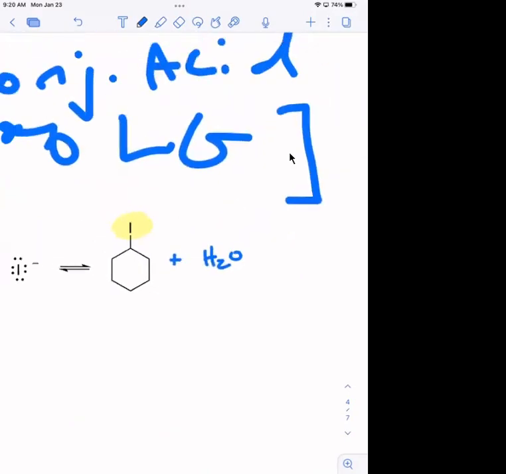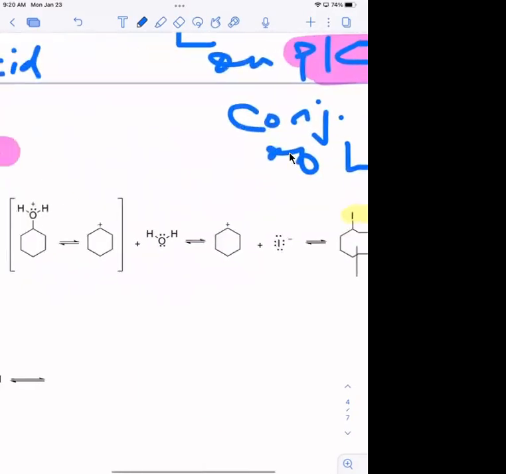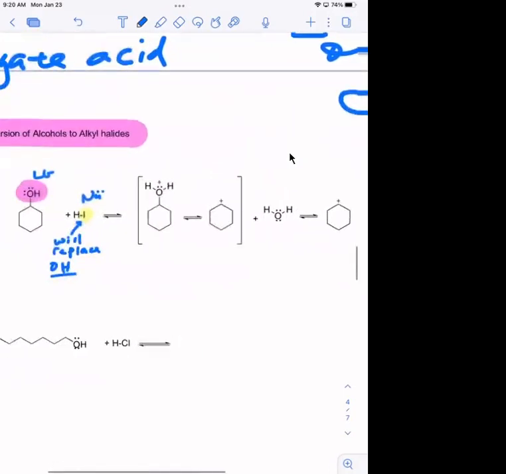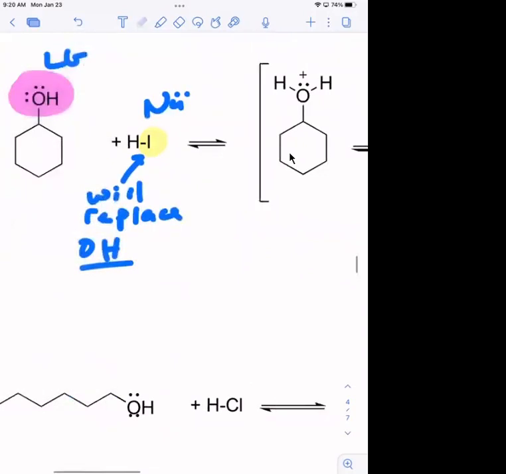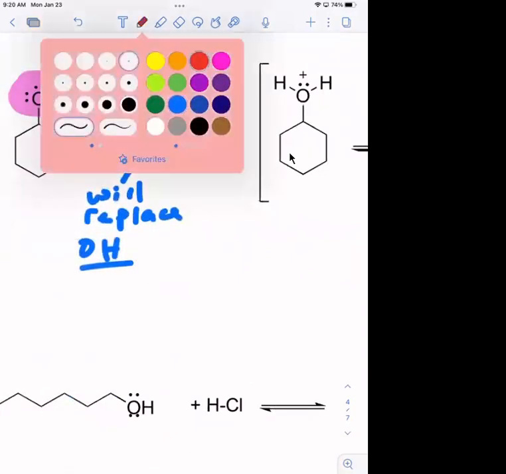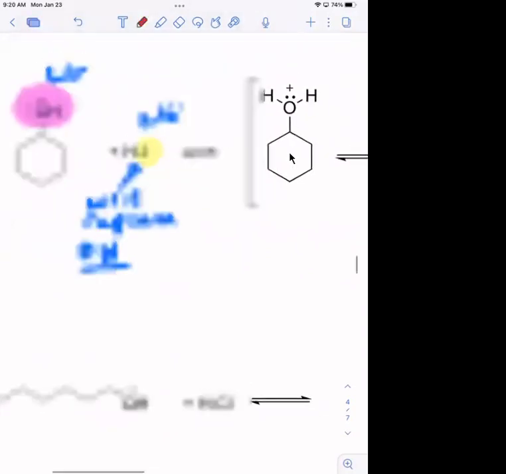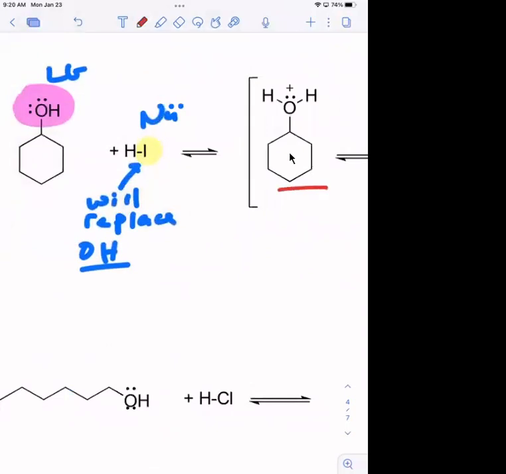So now let's go to how this happens, the mechanism. All right. So the first step in the mechanism, if you look at this intermediate, what does it look like happened going from the alcohol to that intermediate?